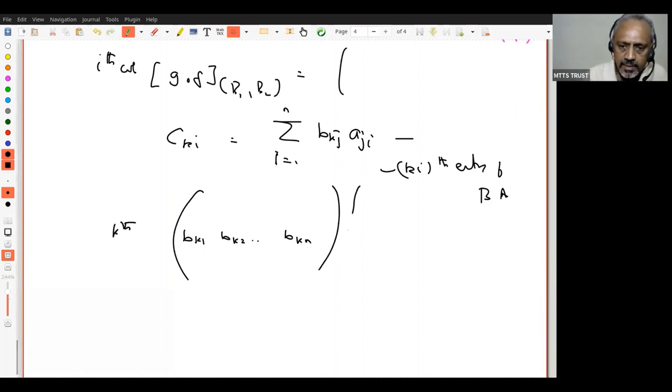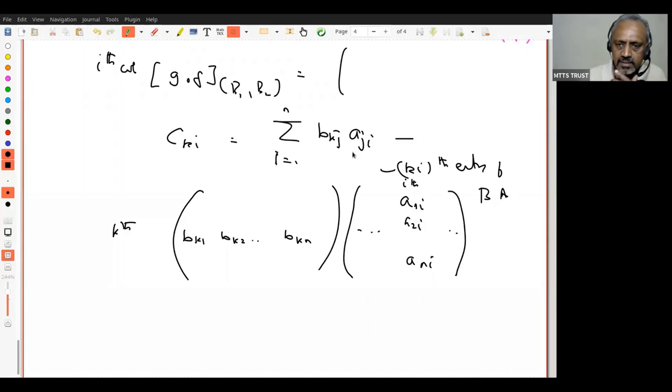And what will be the other one? The ith column of a. The ith column of a is a_1i, a_2i, a_ni. This is the ith column. Do you understand? So when I multiply, what will I get? b_k1 a_1i, b_k2 a_2i, b_kn a_ni. That's exactly this. Right? You understand this?